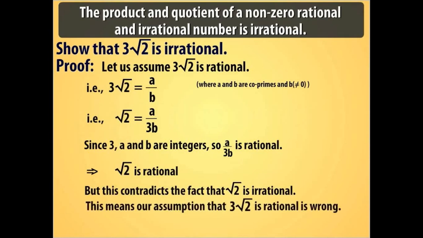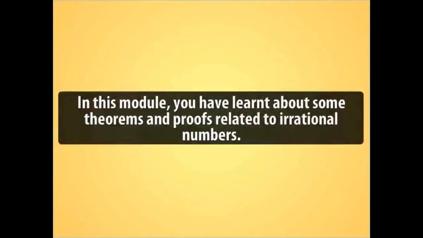This means our assumption that 3 into square root of 2 is rational is wrong. We conclude that 3 into square root of 2 is irrational. In this module, you have learnt about some theorems and proofs related to irrational numbers.